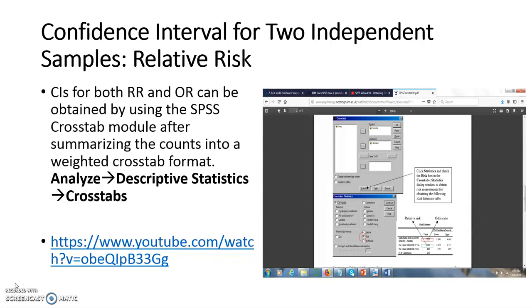You cannot use the raw counts. Okay, and I also have provided a link to a YouTube video about how you can compute confidence intervals for RR and OR using the crosstab format of the data set. And of course, I will provide step-by-step instructions and a video showing how to do this.